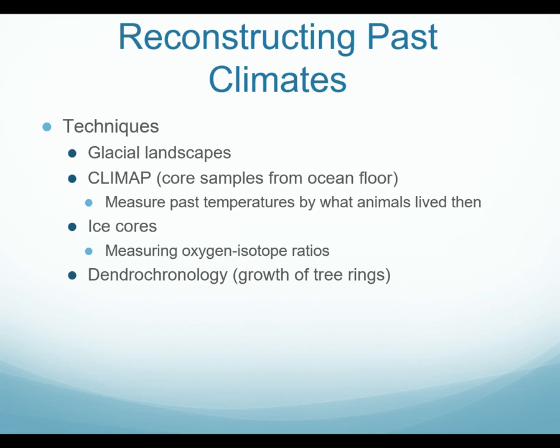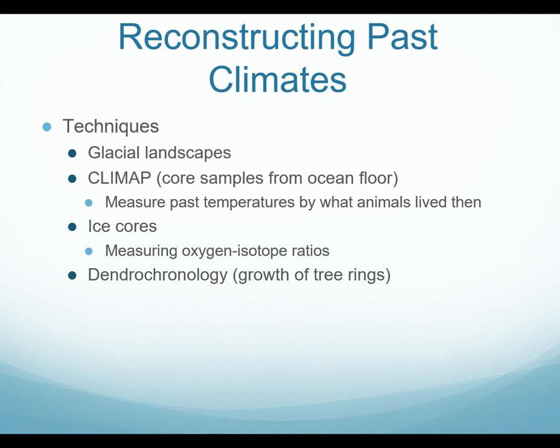Now, an isotope is just an atom with a different number of neutrons. In this case, oxygen. Typically, we have oxygen 16, which would be an oxygen atom with 8 protons plus 8 neutrons. But every once in a while, you get what's called oxygen 18, which would be 8 protons plus 10 neutrons.